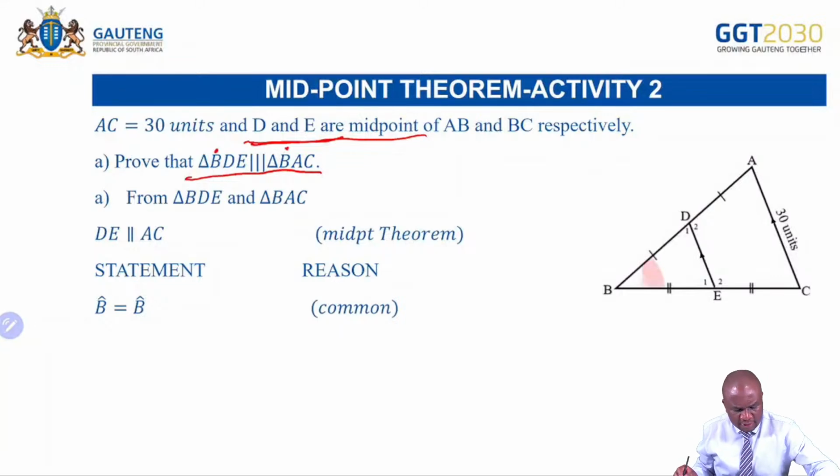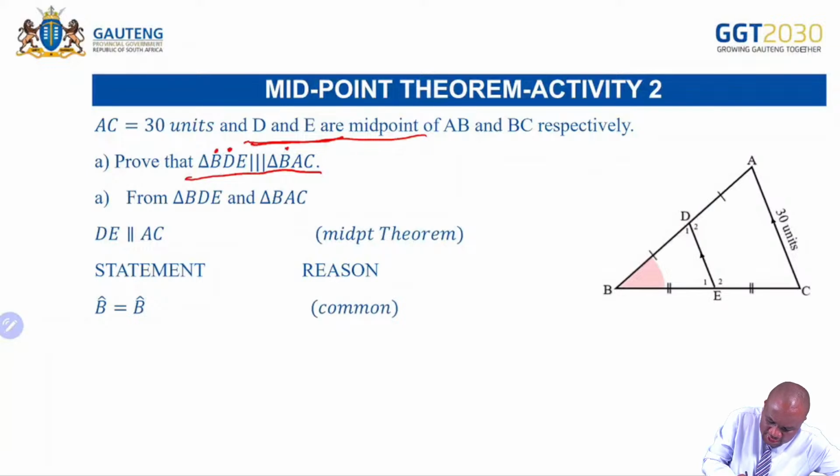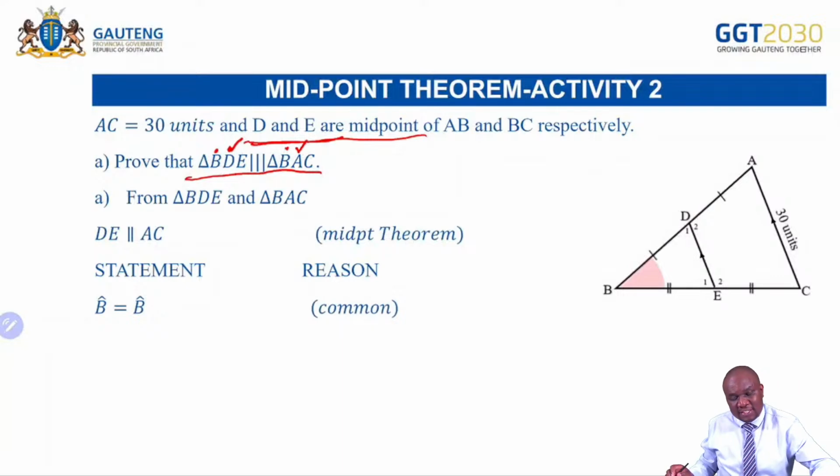Then in triangle BDE we have angle D, and in triangle BAC we have angle A. This angle is going to be D1. Why are angle A and angle D1 equal? It becomes very easy, now just looking for the reason.